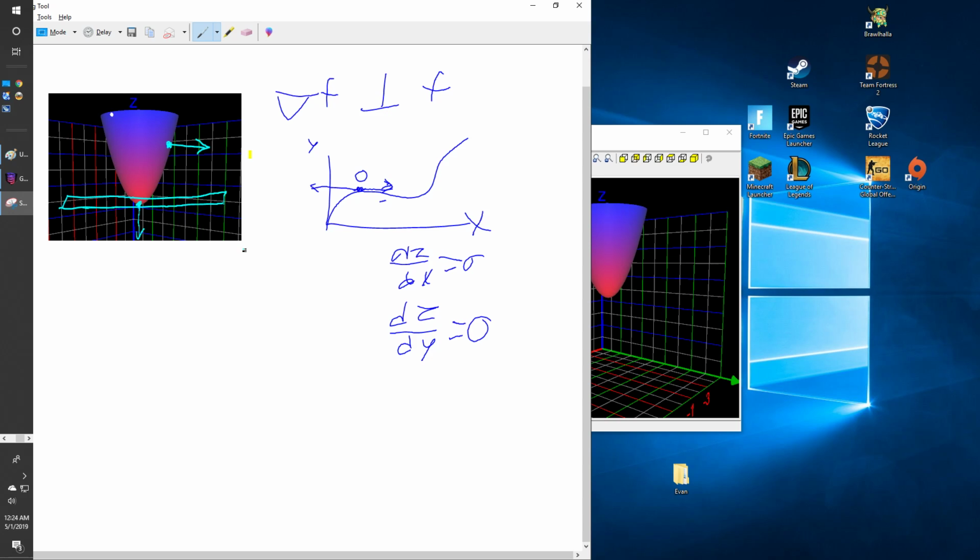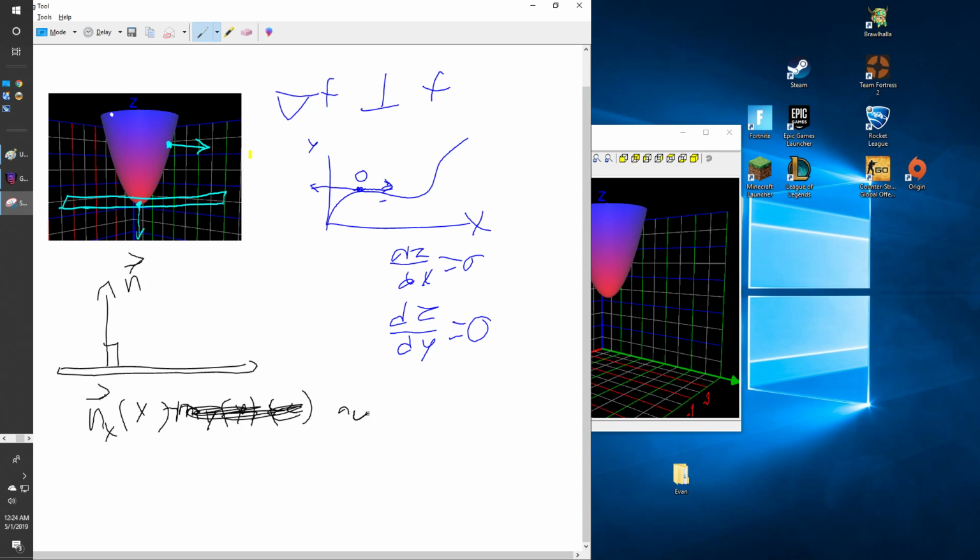And then if you recall, the equation for a tangent plane is going to be n, the normal vector of a plane, dotted with x minus x0, and then y minus y0, and then z minus z0, equals 0.